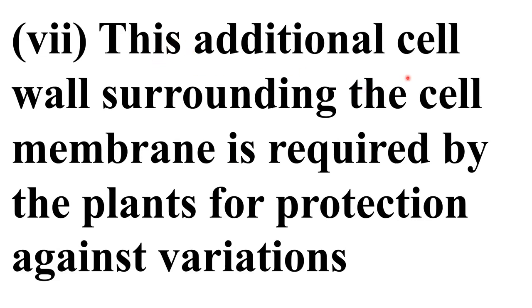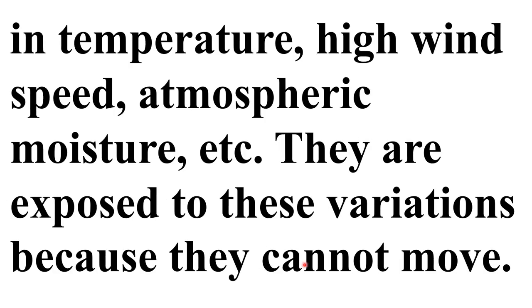This additional cell wall surrounding the cell membrane is required by the plants for protection against variations in temperature, high wind speed, atmospheric moisture, etc. They are exposed to these variations because they cannot move, because plants are immovable. That's why they have to survive in temperature, high wind speed, atmospheric moisture.